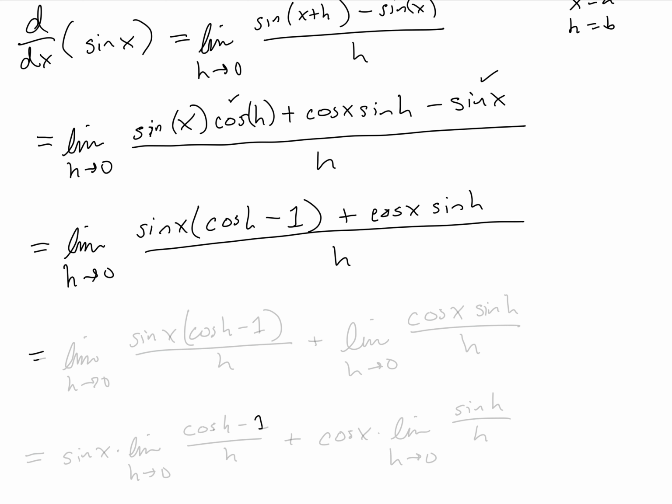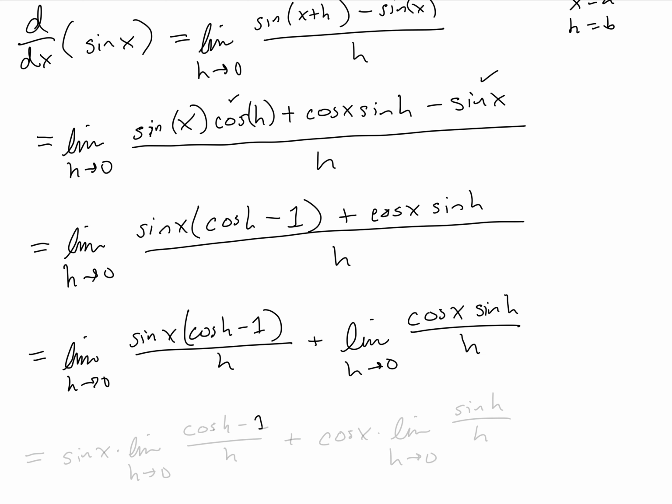So continuing on, that's equal to, now let's break up this limit. We know that the limit of the sum of two functions is equal to the sum of the limits. So this is the limit as h goes to 0 of sine of x times cosine of h minus 1 all over h, plus the limit as h goes to 0 of cosine of x sine of h all divided by h.